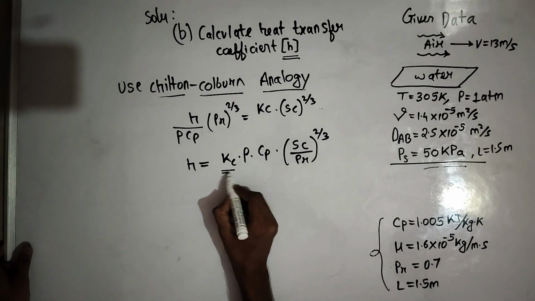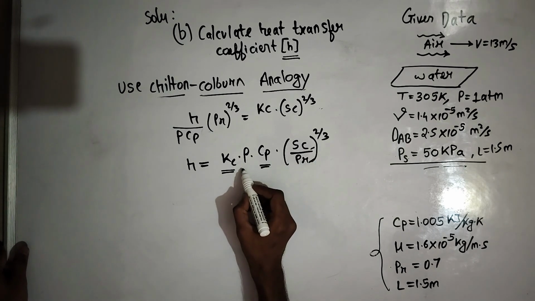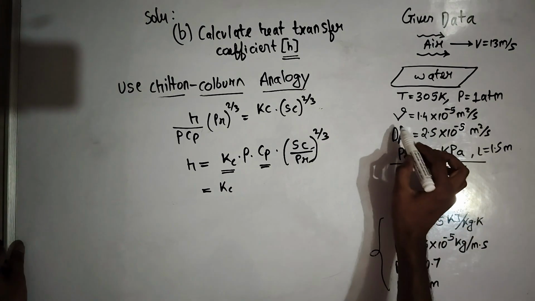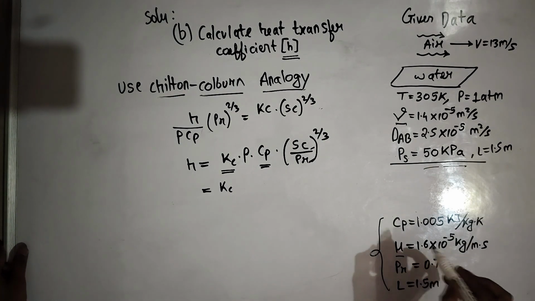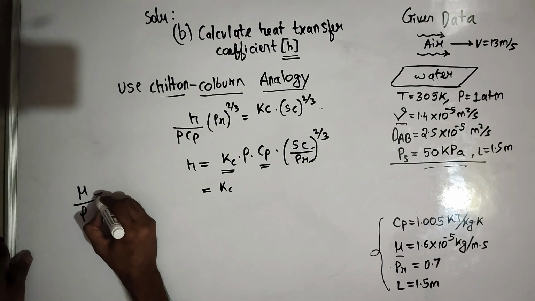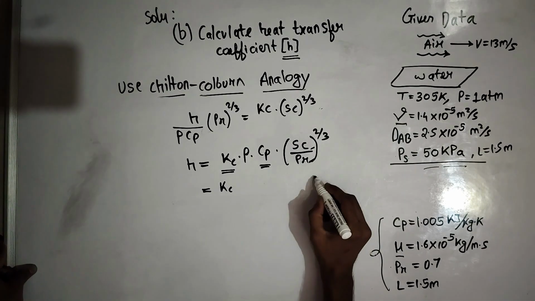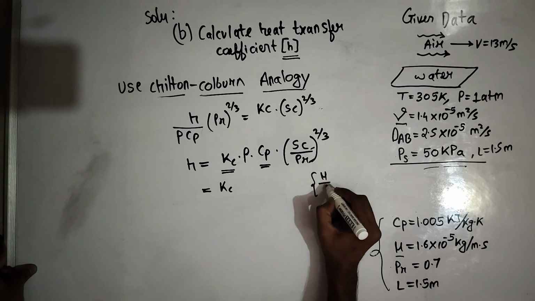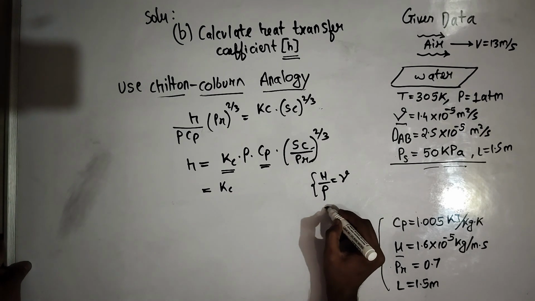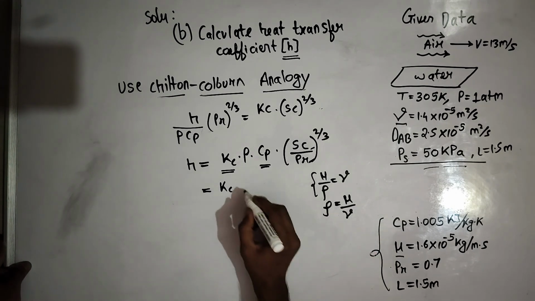Here we have calculated Kc, Cp, we have the Schmidt number, Prandtl number, but we don't have density. But we are given kinematic viscosity and viscosity. So from the relation mu upon rho equals kinematic viscosity, we can calculate density as mu upon kinematic viscosity.